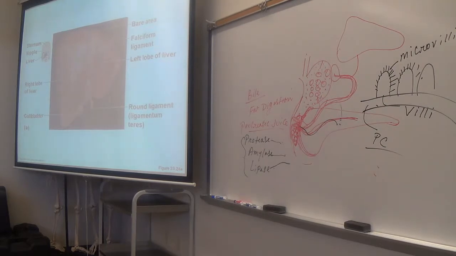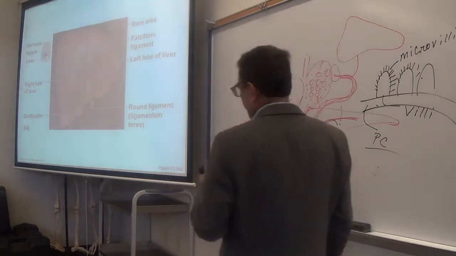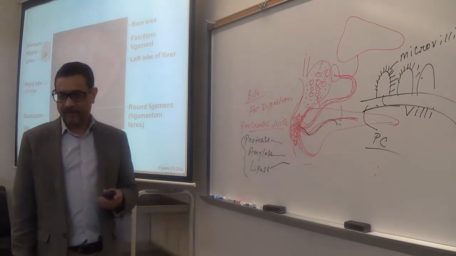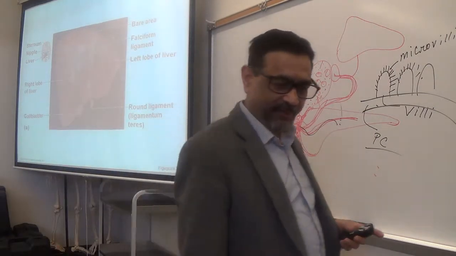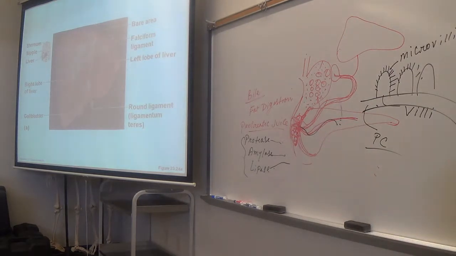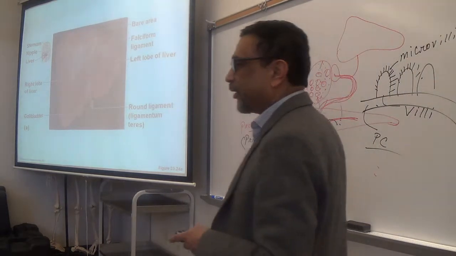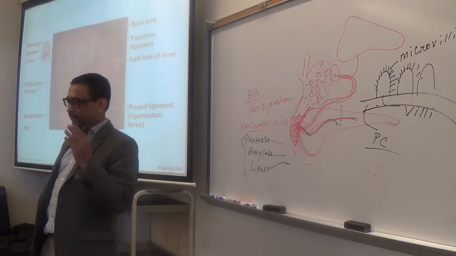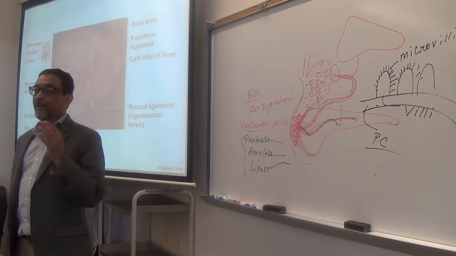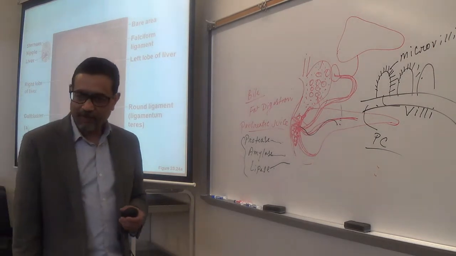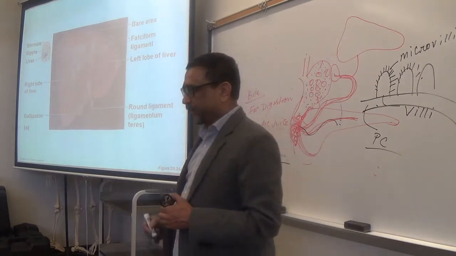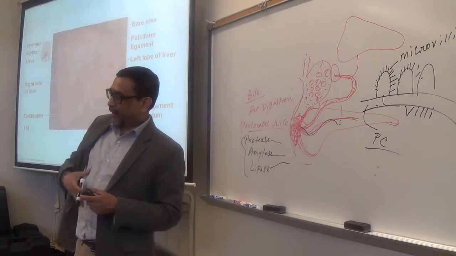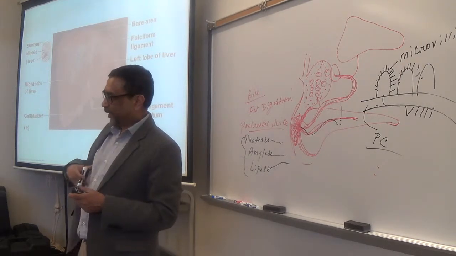Liver. Liver is considered an accessory organ of your digestive system. And this is the largest gland of the body. Liver is located in the upper right of your abdominal cavity here.